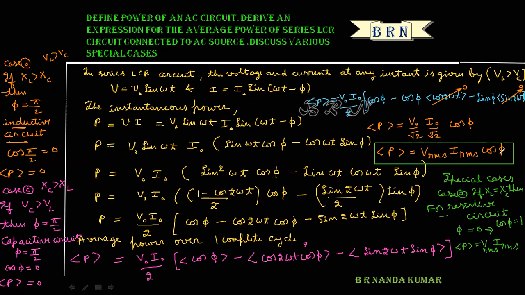Actually cos phi is called the power factor. The quantity cos phi is called the power factor. This is the ratio of true power to apparent power. Apparent power is the product of the RMS value of voltage and the RMS value of current.